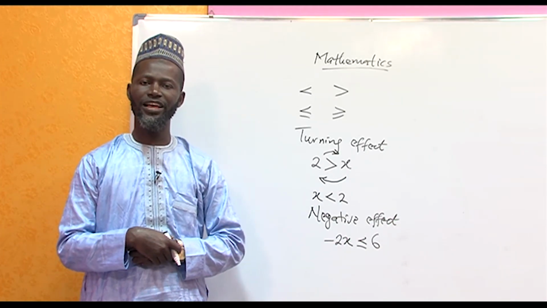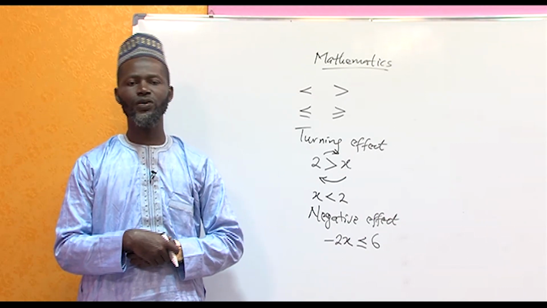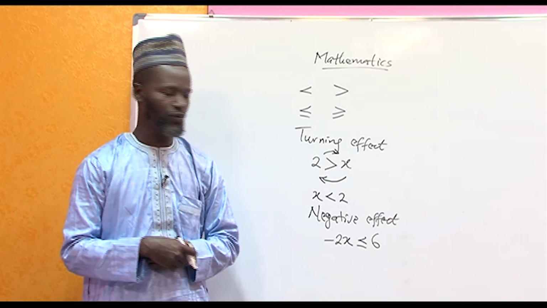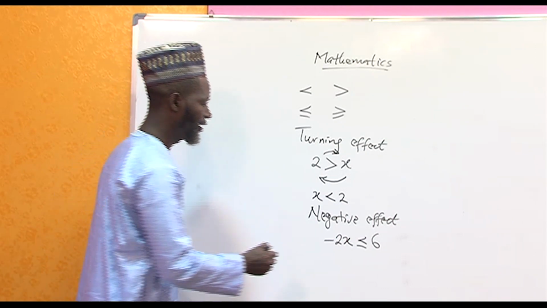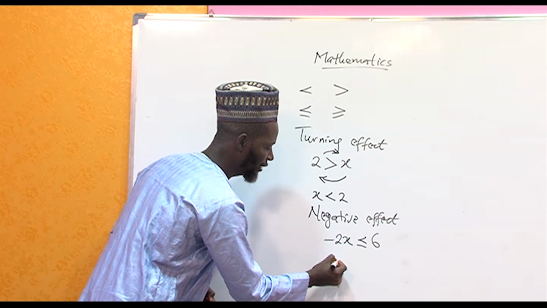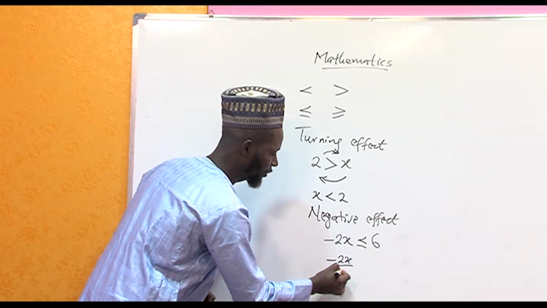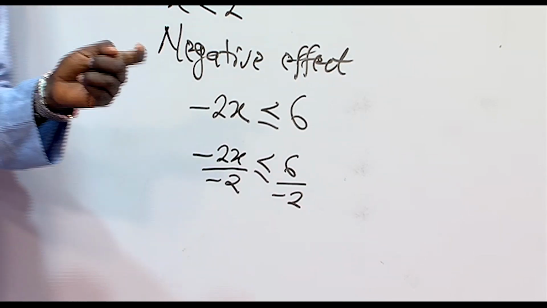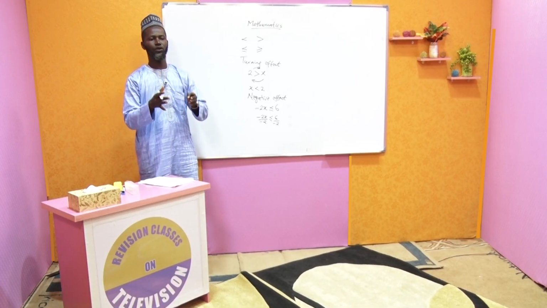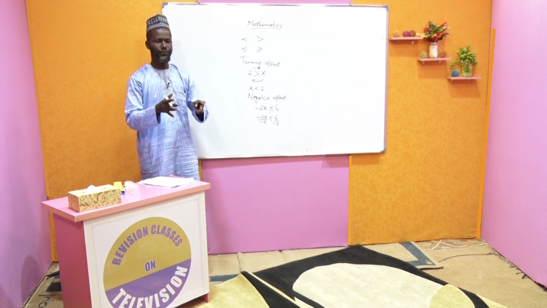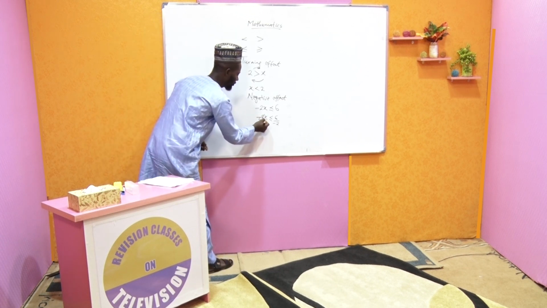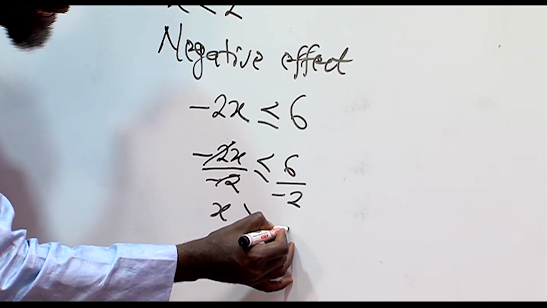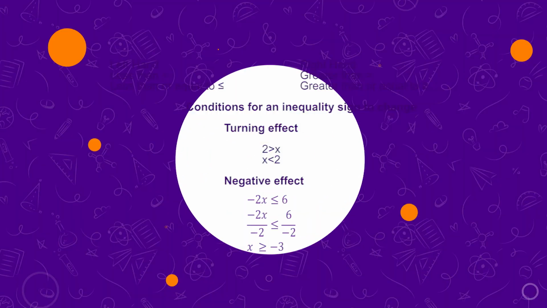The coefficient of x is minus 2, so we have to divide both sides by minus 2. We have minus 2x divided by minus 2 less than or equal to 6 divided by minus 2. Inasmuch as we divided both sides by minus 2, the inequality sign must be changed. Then this cancels this, and we have x greater than or equal to minus 3. So this is our answer.